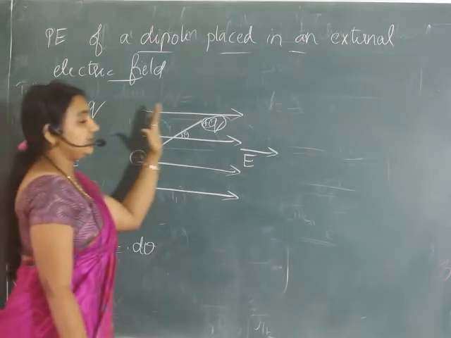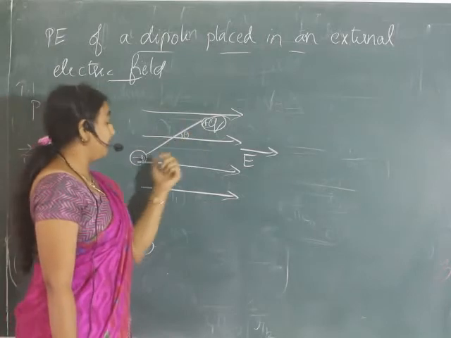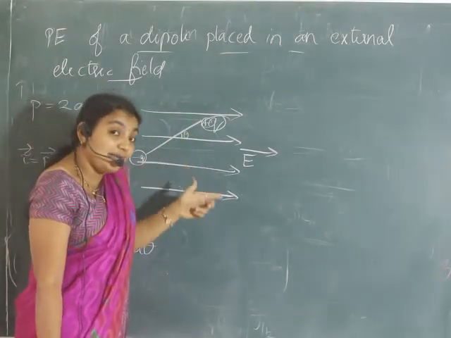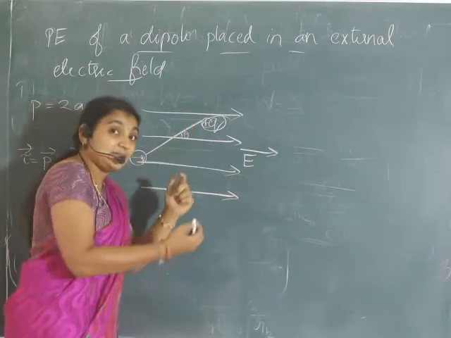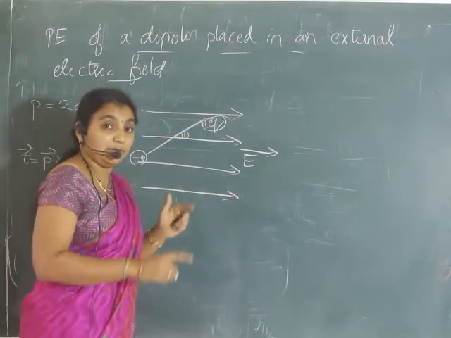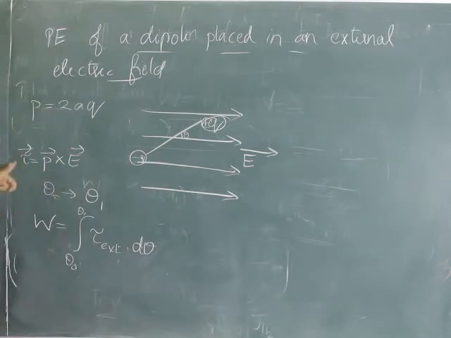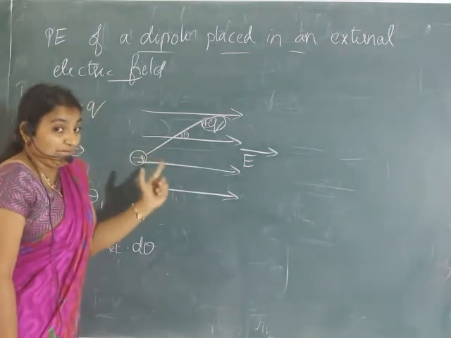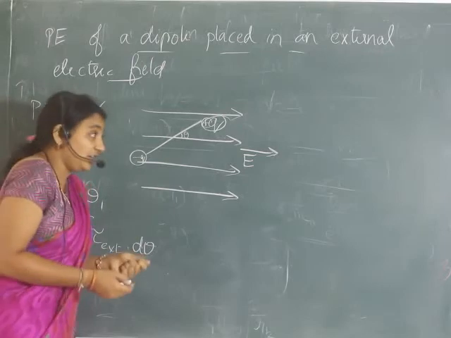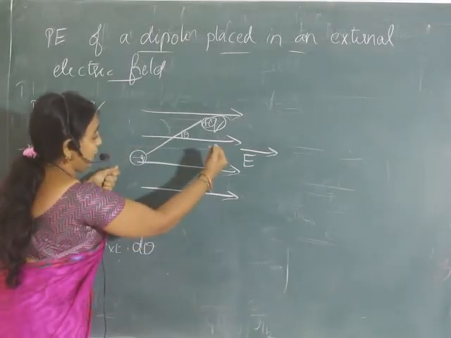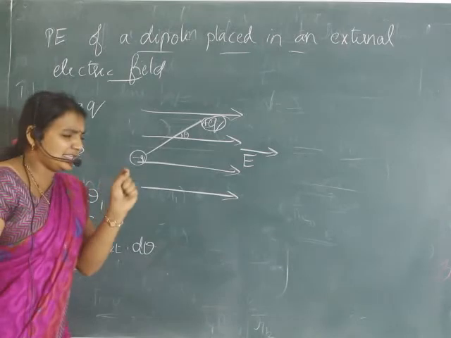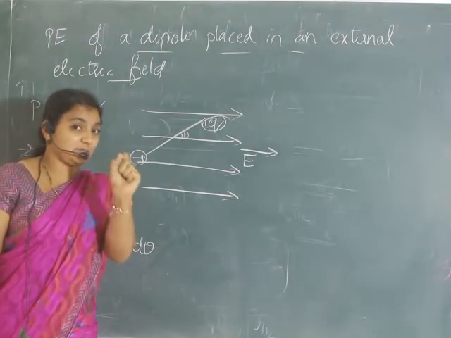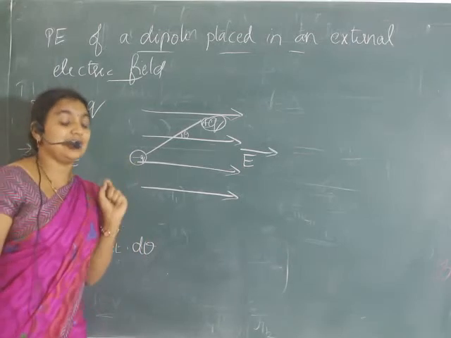We have considered a dipole plus q and minus q placed in a uniform electric field E. Because of the electric field, the dipole aligns itself at an angle theta with the torque tau is equal to P cross E. Suppose I want to nullify or neutralize this torque by giving the external torque, then I have to rotate the plane of paper from angle theta naught to theta 1 with an infinitesimally small angular speed, so that there will be no angular acceleration.